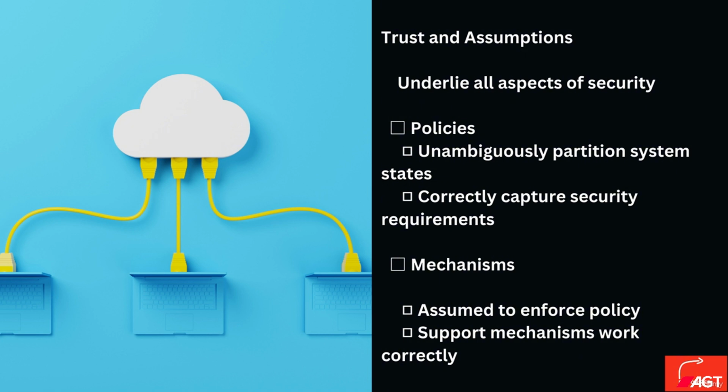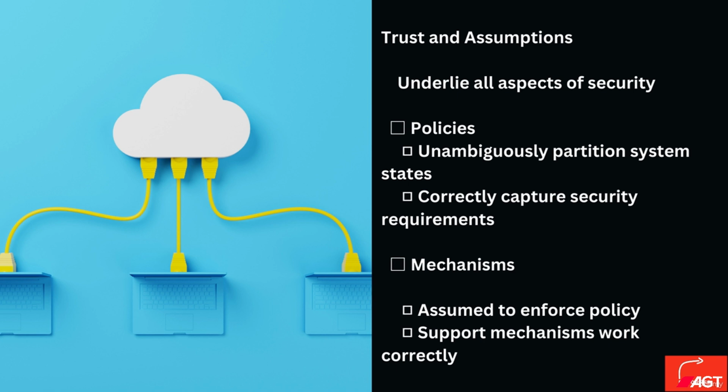It is essential to have faith in security systems because any flaw or failure could jeopardize the system's security. The implementation of mechanisms is presumed to be correct, that they support the laws they are intended to enforce, and that they function as intended. Assumptions and trust go hand in hand since the policies and methods that support a system's security are based on the assumptions that are established.